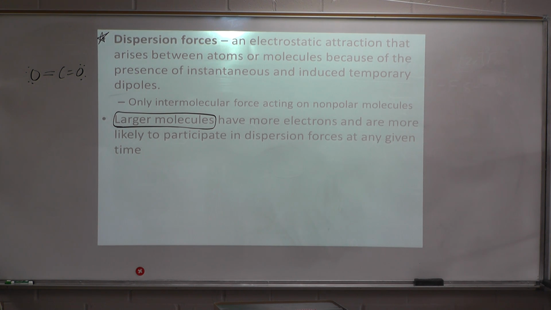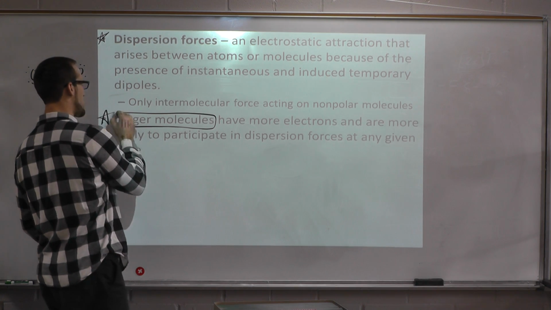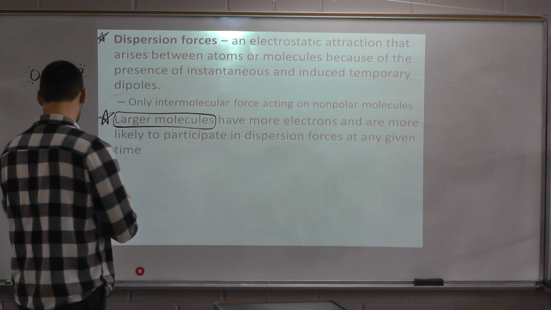Here's why. They have more electrons. More electrons can create more charge imbalance, right? More charge imbalance is going to mean stronger intermolecular force. So the bigger your nonpolar molecule, the stronger your intermolecular force is going to get. Let me show you what I mean.